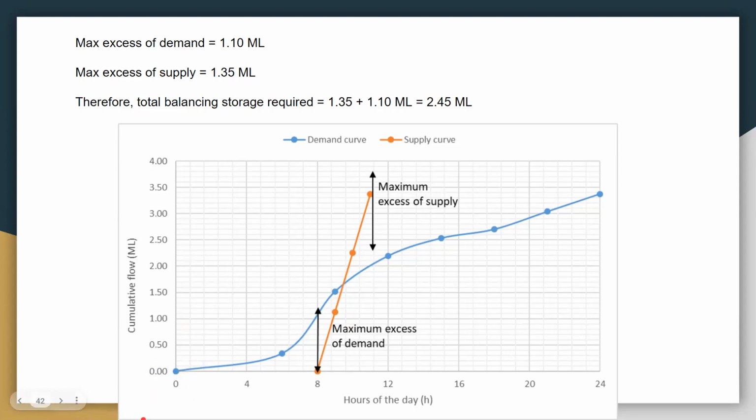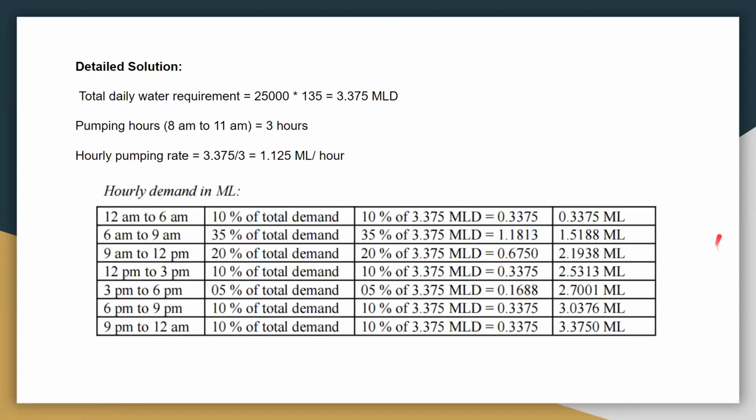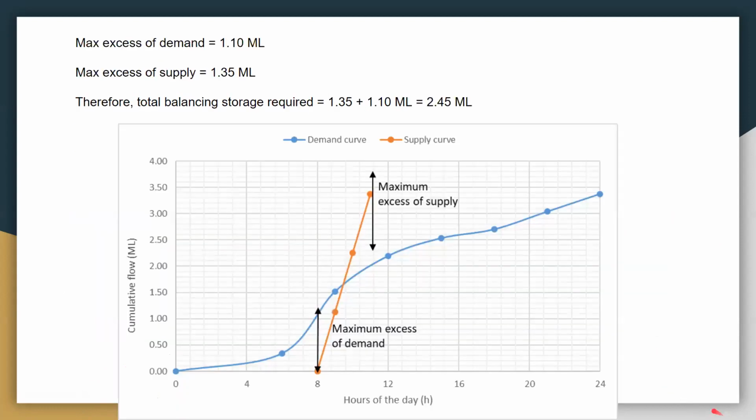Now the demand curve is going to be these values, that is the requirement of water, the total daily water requirement, and particularly from 12 a.m. to 6 a.m. what is the water requirement, and you have to take care that it has to be the cumulative water demand. So we had a period 12 to 6 a.m., so 6 is coming somewhere around here.